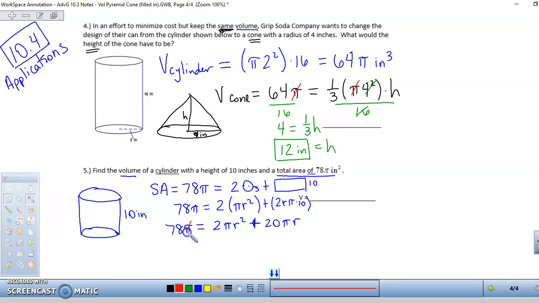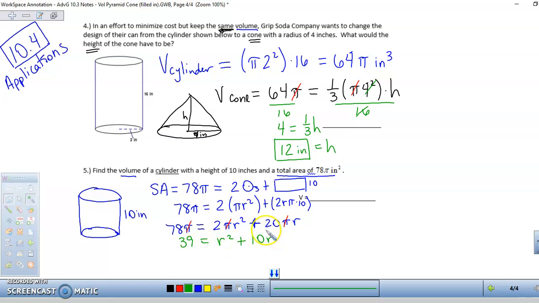You need to divide every single piece of the equation by pi, but those will all disappear. You can also divide everything by 2. So what you're going to end up with is, 78 divided by 2 is what, 39? That 2 goes away, you get r squared, and then divide by 2 here, you get 10r. So now it looks a lot easier once you've simplified everything.